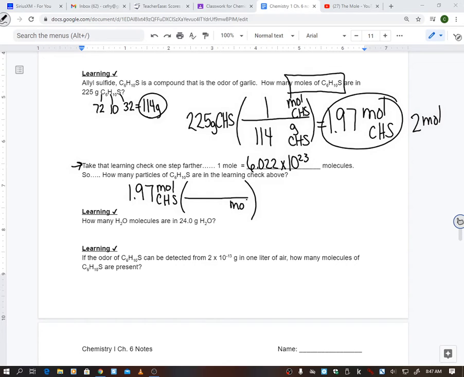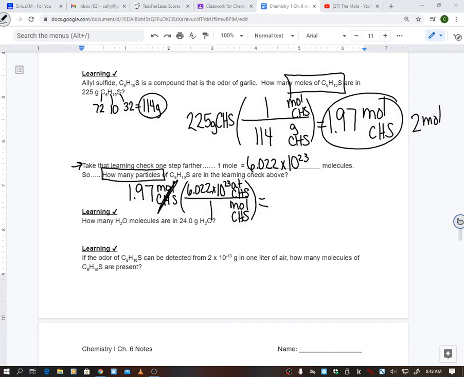I know right away moles go on bottom. Now they want to know how many particles. Particles means atoms or molecules; you can kind of interchange those words. And I know that 1 mole is 6.022 times 10 to the 23rd, so I'm going to multiply.